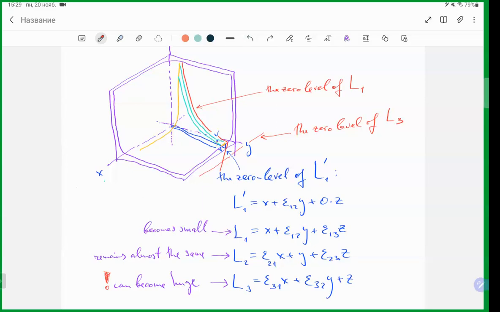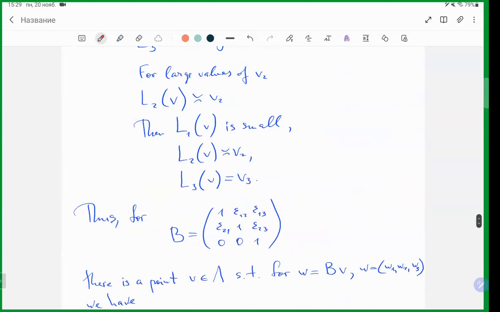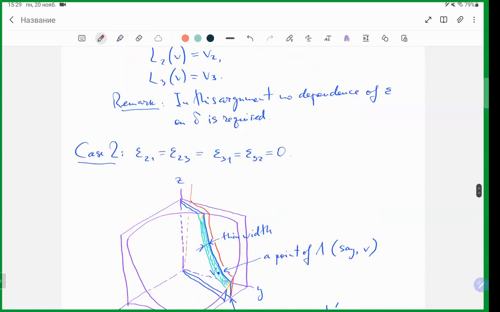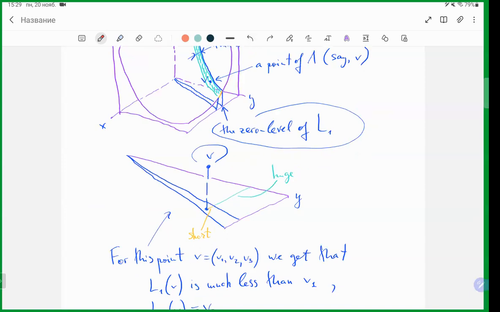And if we compare this third coordinate with the distance to this deviated plane, then the ratio will become something similar to what we have in this picture. So we made the first form very small with the help of finding a point there where this ratio is very small.